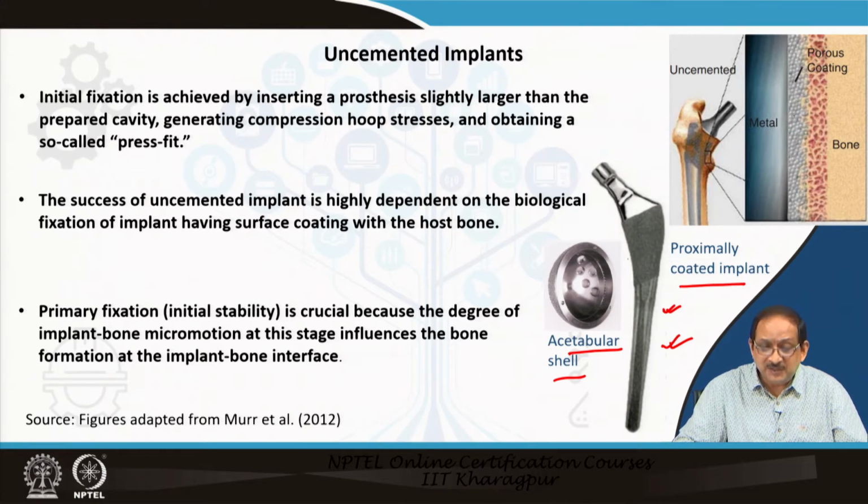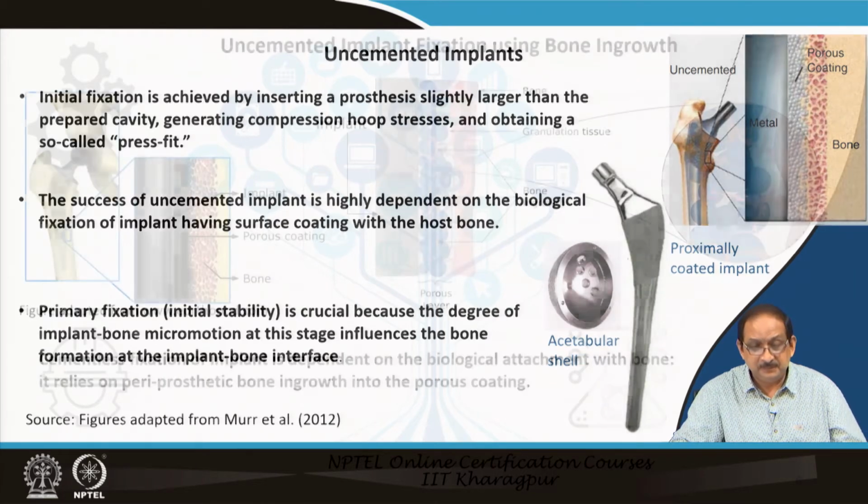Complete coating presents a larger surface area for fixation, but this may reduce loading of the proximal bone. The proximal coating transfers the load through the femoral metaphysis, but provides a smaller area for stable fixation.